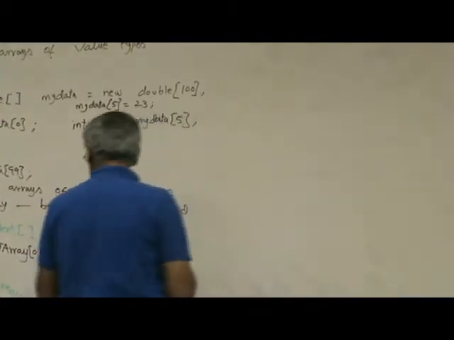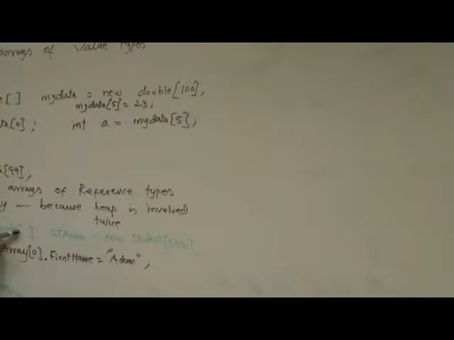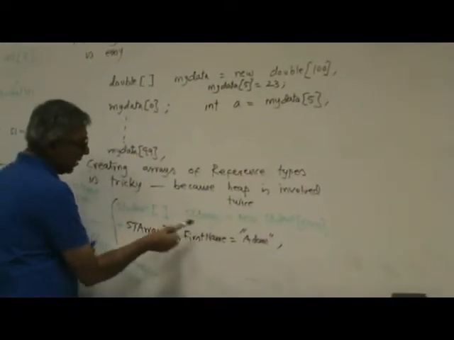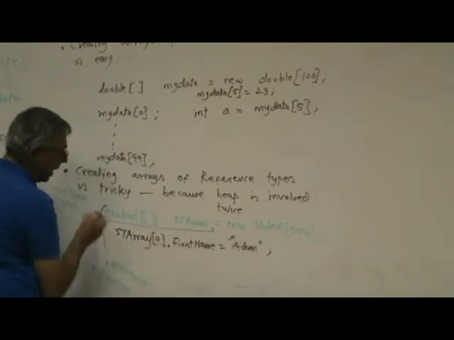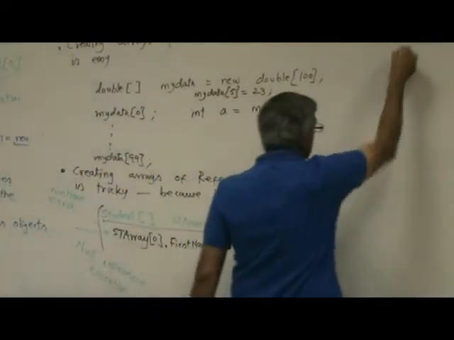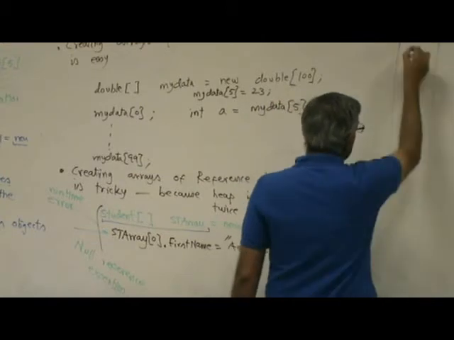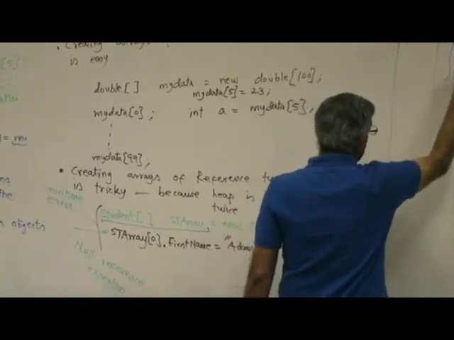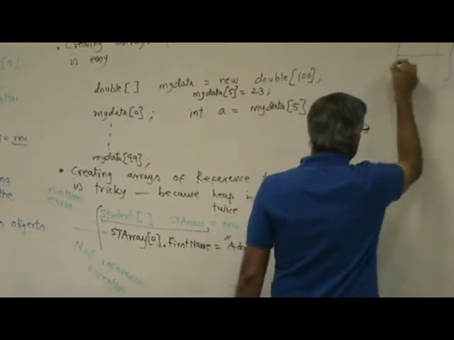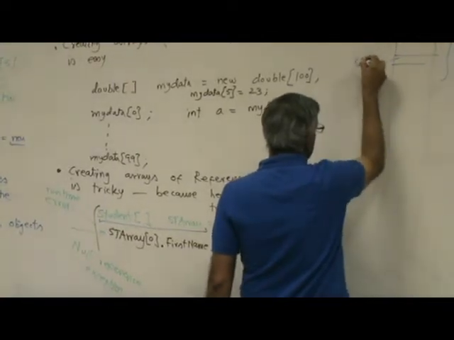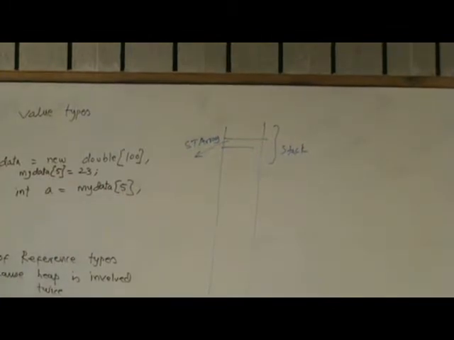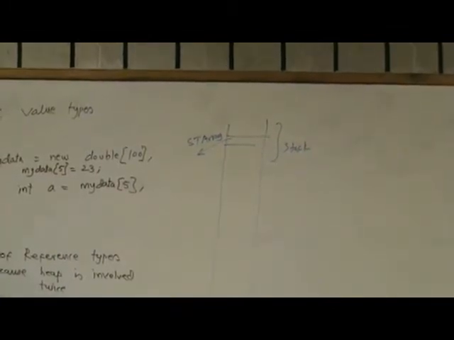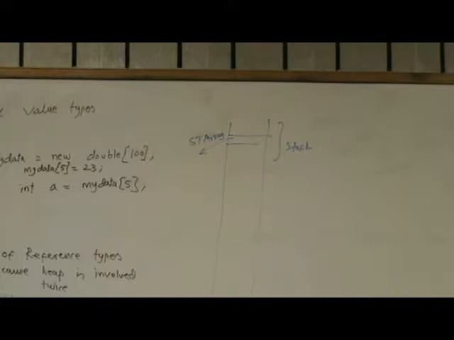Okay, so let's take a look at the statement over here, student, empty square bracket, ST array. So focus on only the left-hand side. What will this do? If this is the memory of the computer, if this is the stack area, it will create a reference called ST array. So far it's pointing nowhere. But once we say new student of 5,000, what will it do?